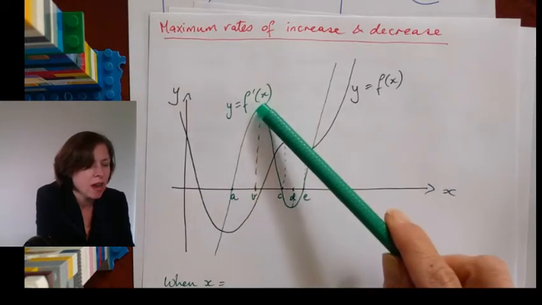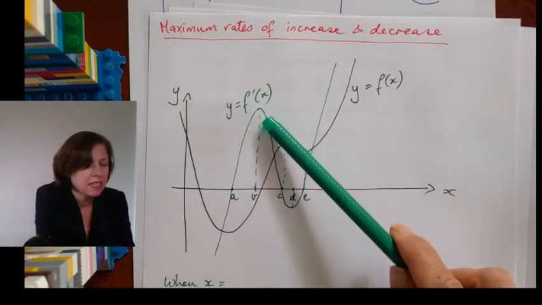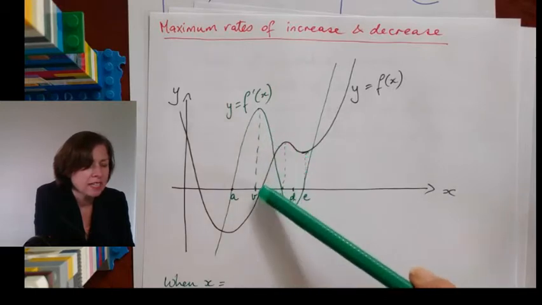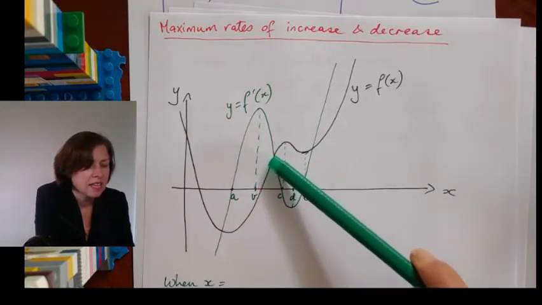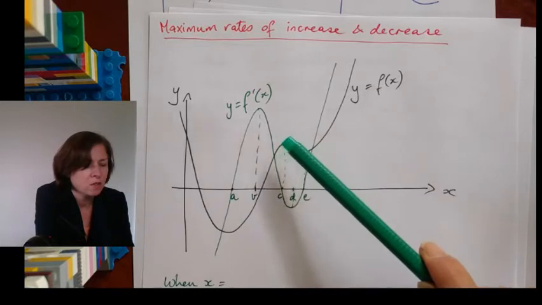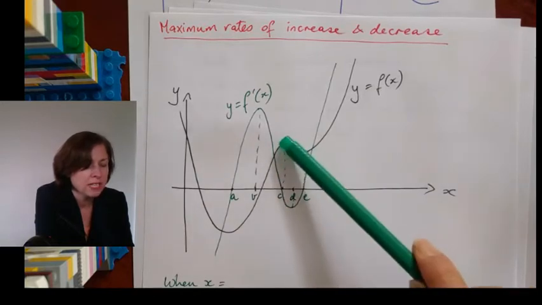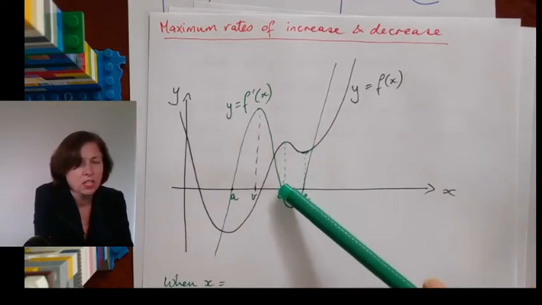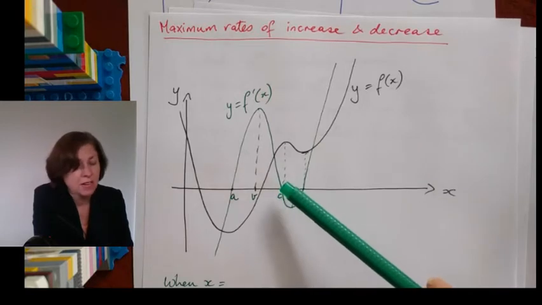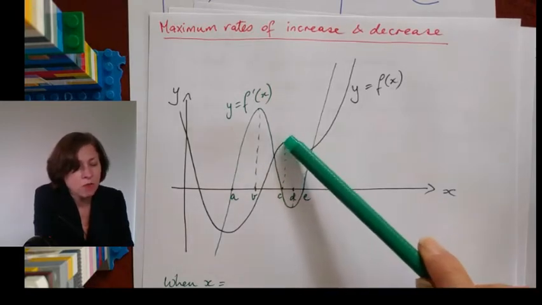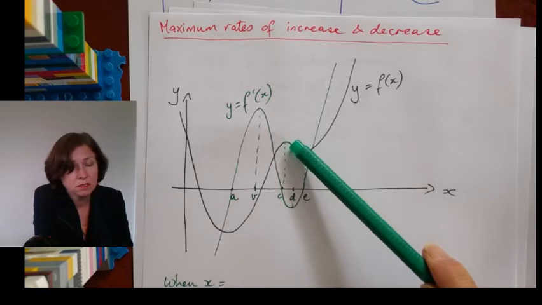And then to the right, my gradient is decreasing. It's getting less and less and less steep to the right of B until eventually it also hits 0, which is going to happen here. And in fact, after C, it turns into a negative gradient. It's still decreasing, all right?